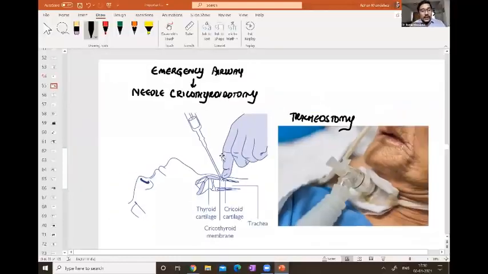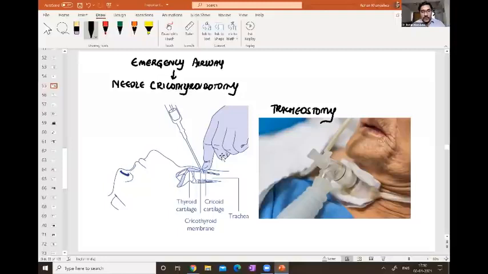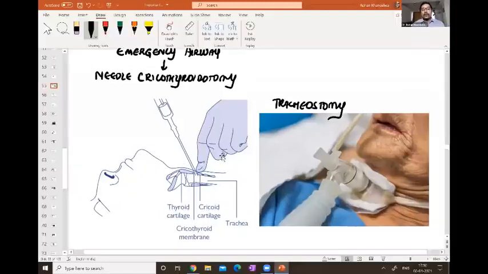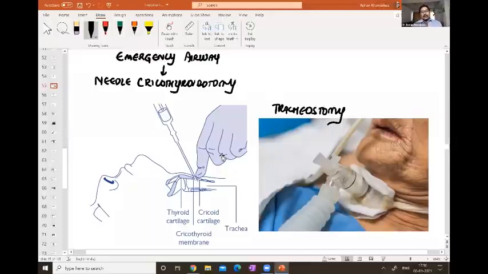Supposing we cannot intubate a patient, then we need to make an emergency airway. And this emergency airway has been asked multiple times in the exam. The emergency airway which we use is needle cricothyroidotomy. This has been asked many, many times in the FMG exam.